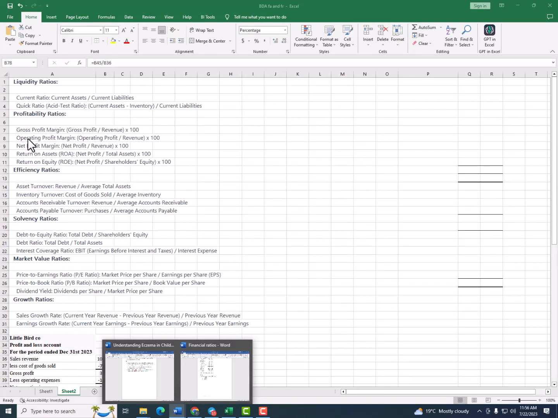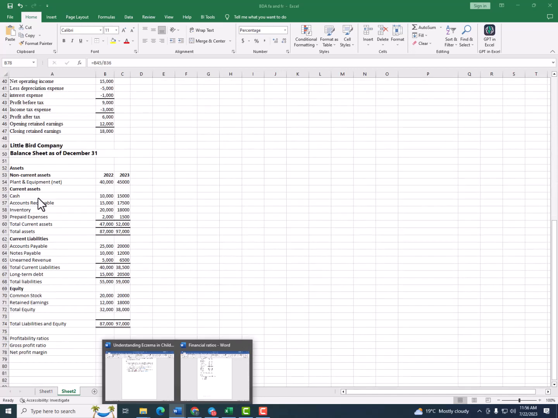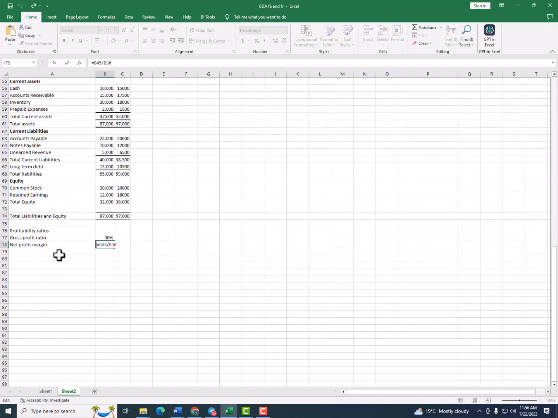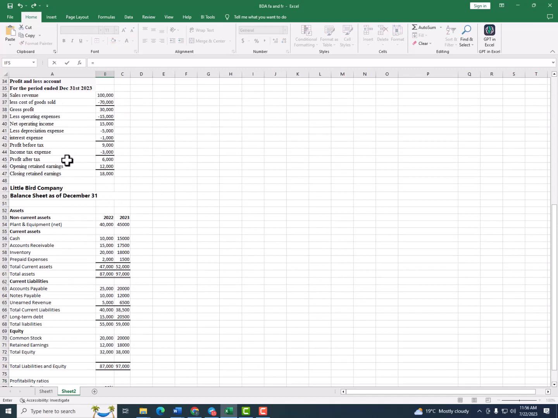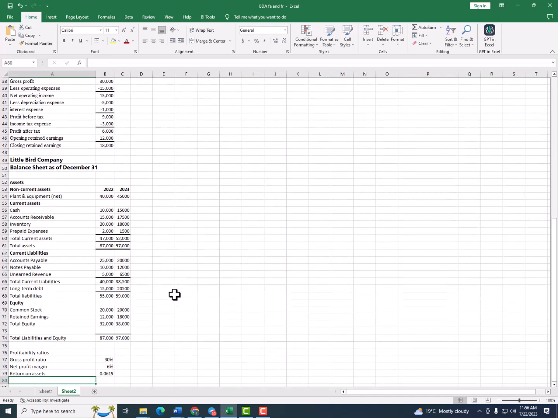We have net operating profit margin, you have return on assets, return on equity. Maybe let us do return on assets. Here we get equals net profit or profit after tax divided by the total assets. Now remember, this is 2023, so we take the 2023 figure for assets, hit enter.